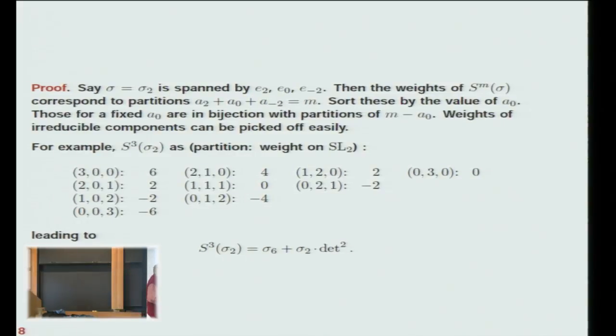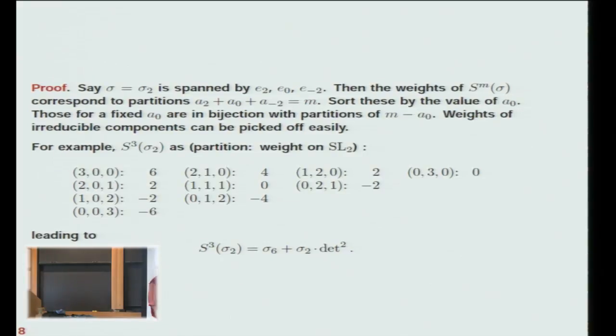which I'll just mention because it's the only example that's easy to prove. If you have a basis, so it's three-dimensional, and these are your weights, then the weights of Sym^m correspond to partitions of m, because you get monomials in these vectors. And you sort these by the value of a0. So you fix the middle one. And then the other two outside ones correspond to partitions of m minus a0.